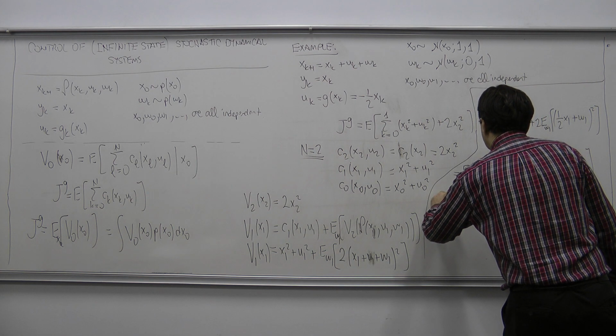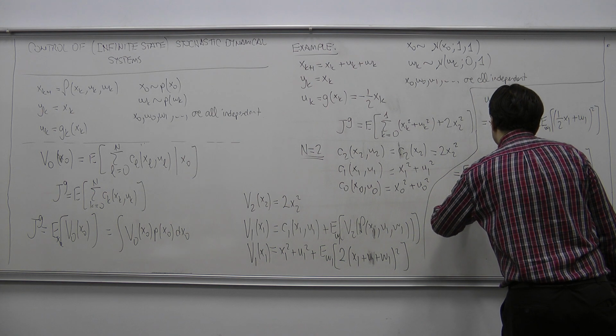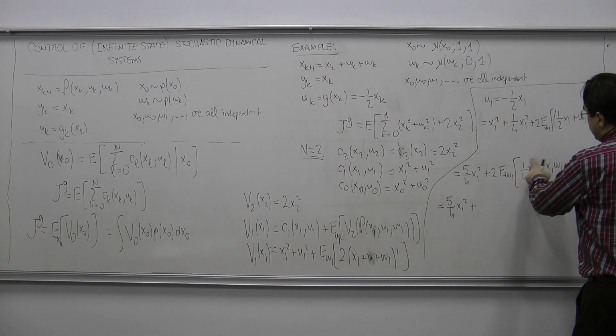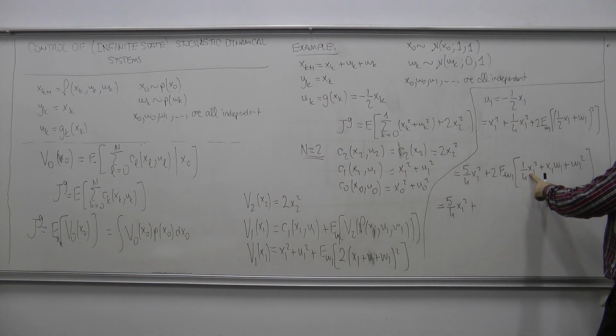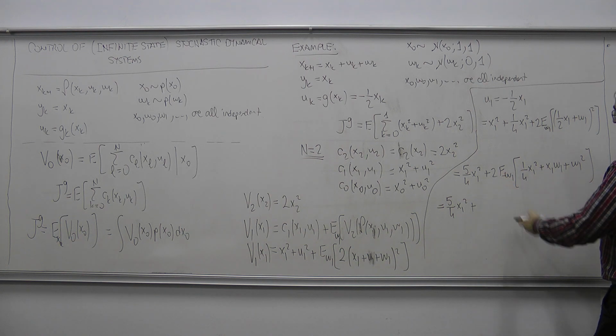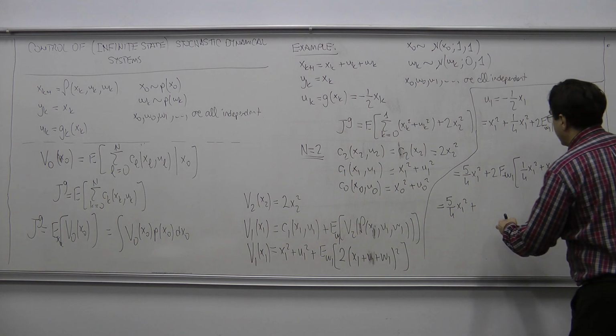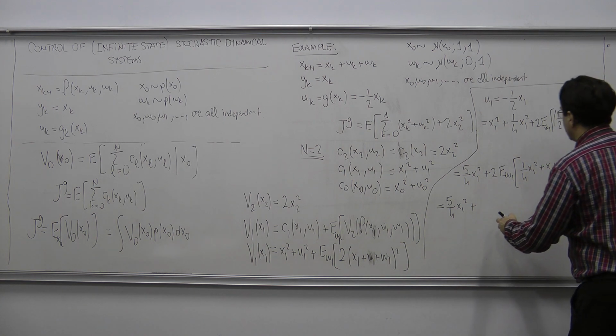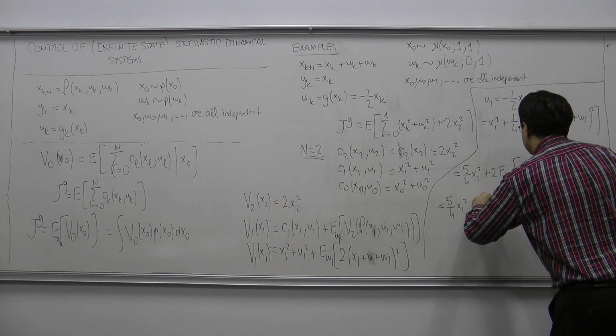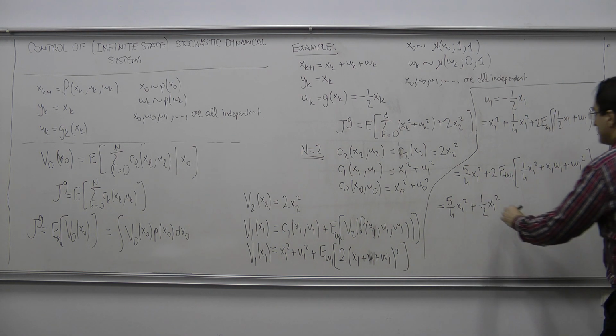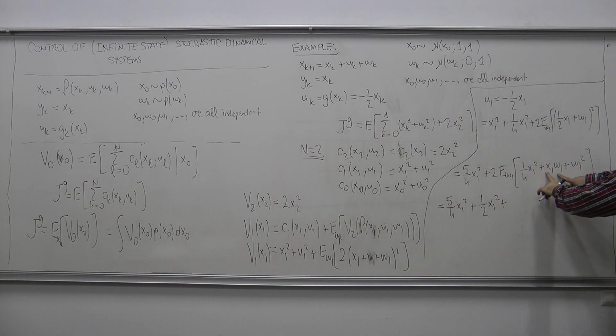All right? So I have 5 over 4 x1 squared plus this thing, which is only related to x1, and x1 is deterministic here. I can take it outside the expectation directly. So it is going to give me 1 over 2 x1 squared plus this term.